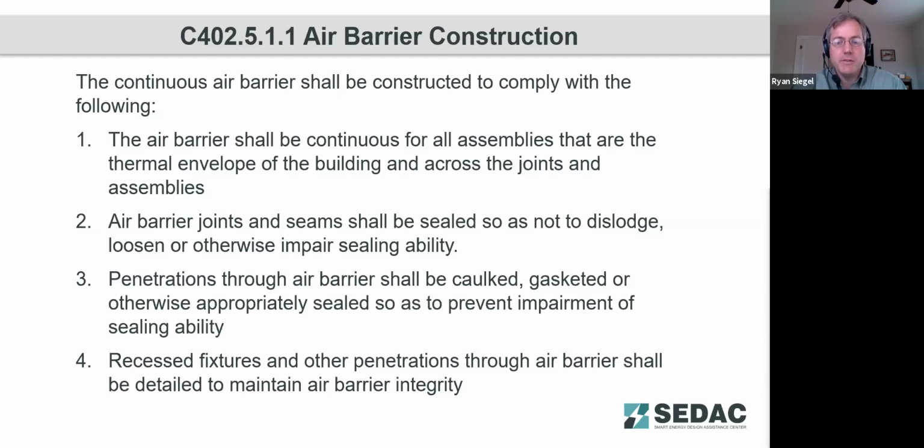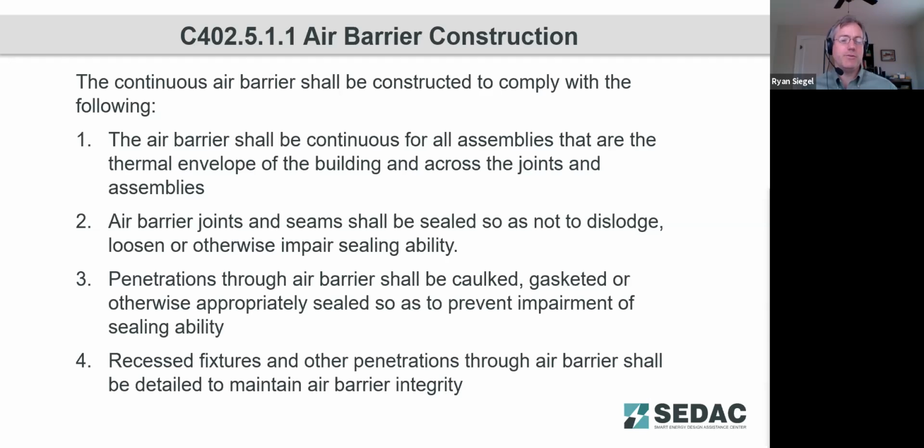Something to be aware of is because buildings do expand and contract and move over time, how you seal this needs to be such that differences in materials are able to nominally move relative to one another without breaking that seal. So we don't want a permanent hard seal between two materials. We need that flexibility for long-term longevity.